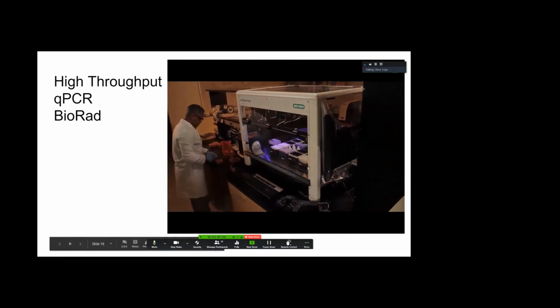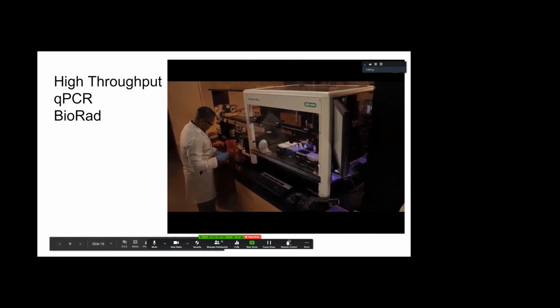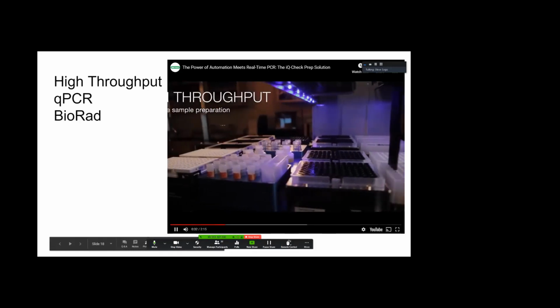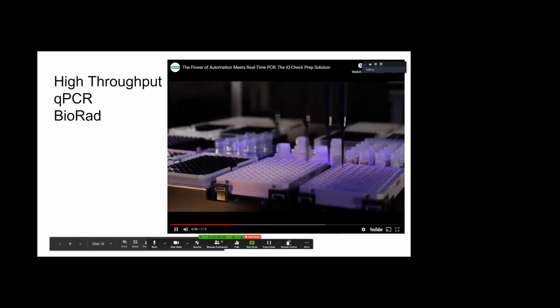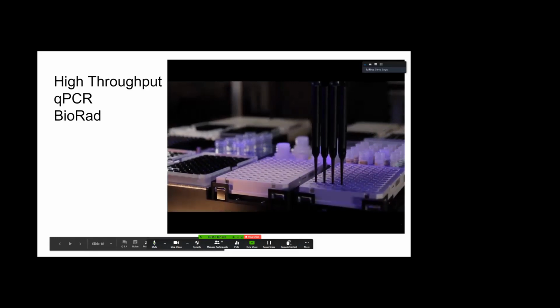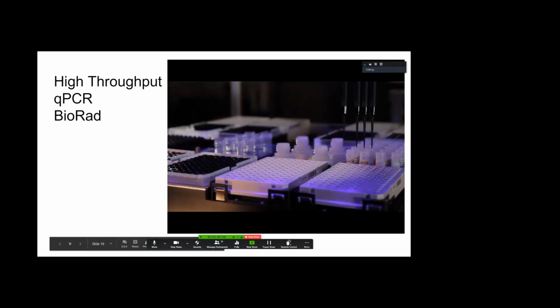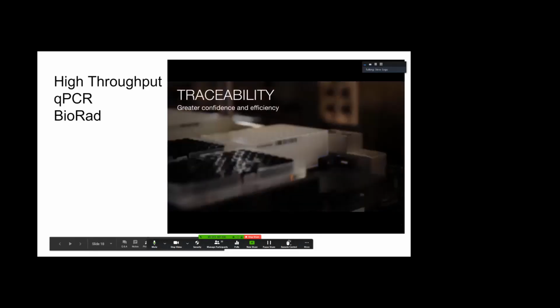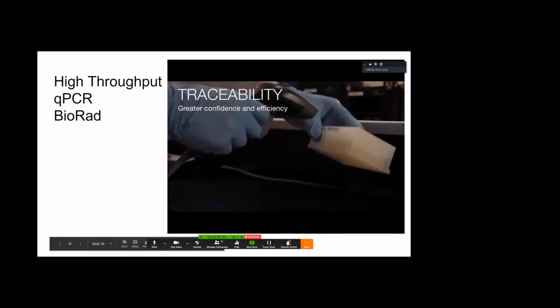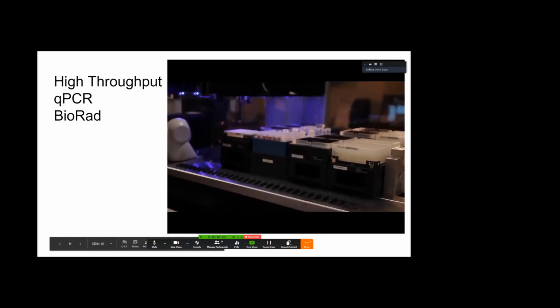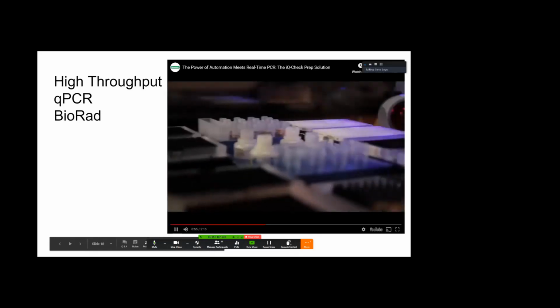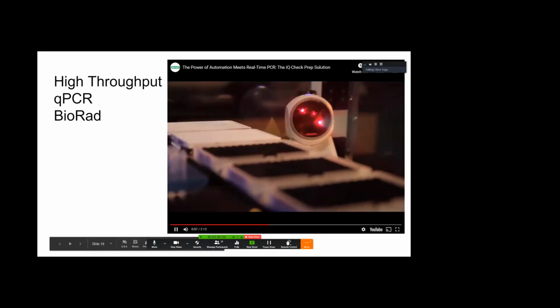So you tell it what to do, and all the reagents are there in those little bottles. All the enzymes, all the nucleotides, they're already there, and the robot can pipette much faster than any human. Probably the robot makes many fewer mistakes than a human would. And so this is how you can run, instead of one at a time, hundreds at a time.